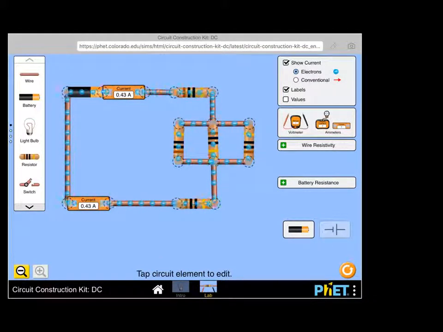So, yay, our computation of 0.43 amps works out.